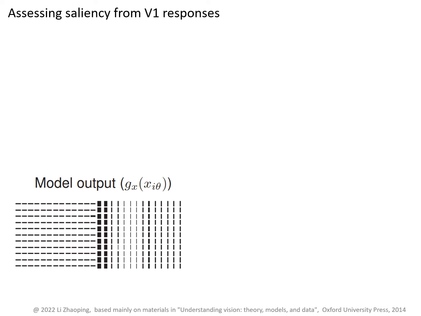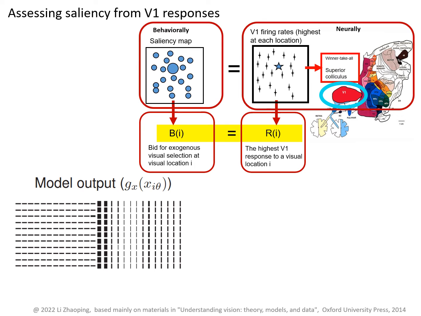To better evaluate our model for saliency behavior, let's give a reasonable quantification of saliency values from the model responses. Recall from the V1 saliency hypothesis that the highest V1 response from each location is the bit for visual selection exogenously. So therefore, the model's bit at location i is this value b_i.